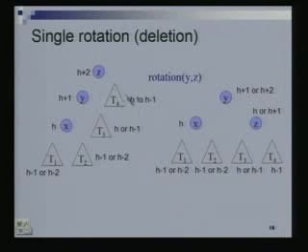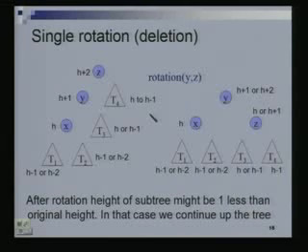The way we said its height has reduced from h to h minus 1, now we might have to say that the height of this bigger tree has reduced from h plus 2 to h plus 1, and we'll have to repeat the argument at the next higher level and so on. Good. So after rotation, the height of the subtree might be 1 less than the original height. In that case, we have to continue up the tree. Might be, you understand might, because it could not have reduced, in which case we can just stop.